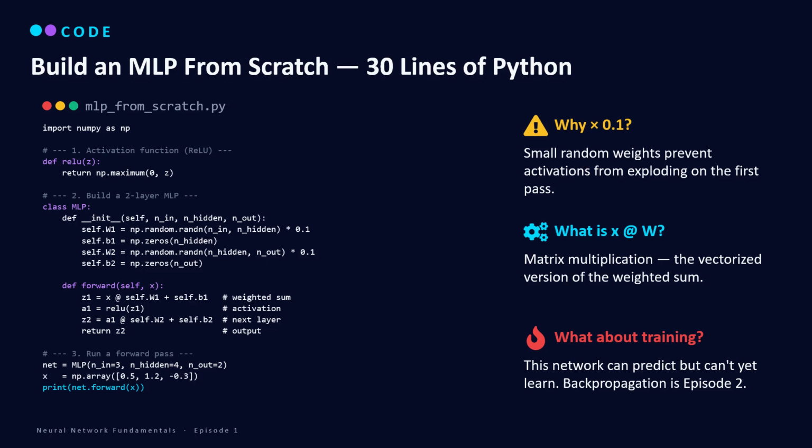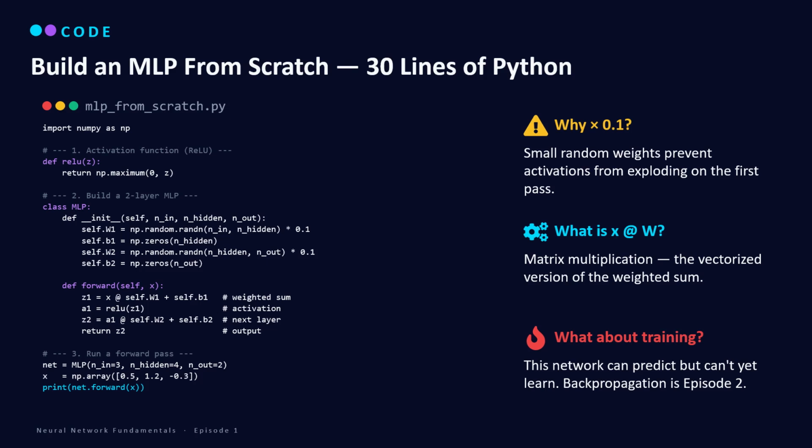The biases start at 0. In the forward function, we do weights times input plus bias, apply ReLU, then do it again for the next layer. Then we plug in some inputs and print the output. That is a working neural network right there.